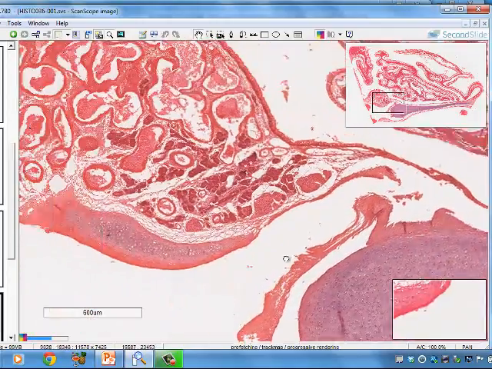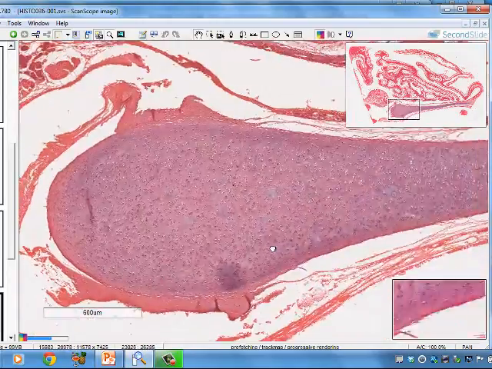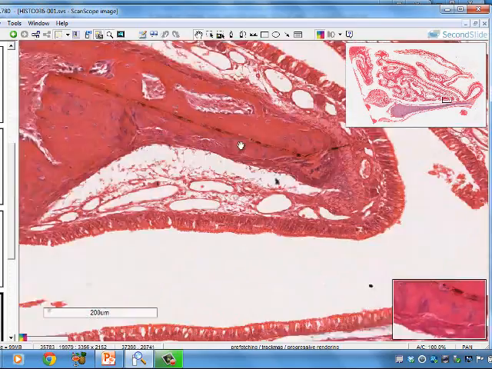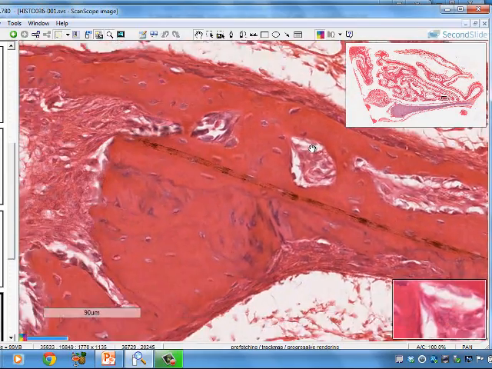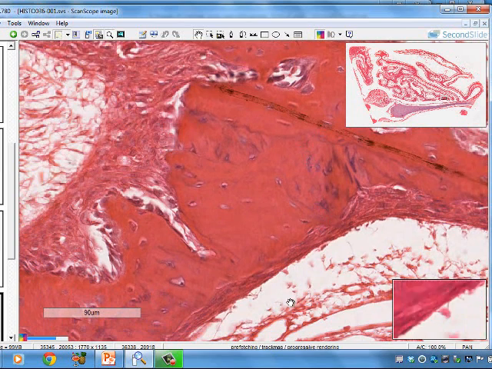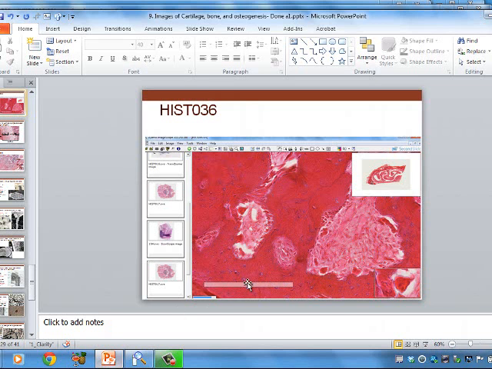I can't really see where we have some osteoclasts that are eating at the bone. I really can't see those, but we saw those on the previous slide. Here they are, here, and here. So I didn't bring that specimen 36 that we could see those on.